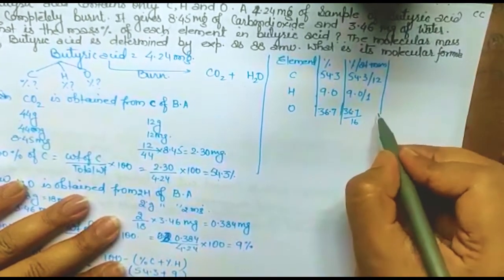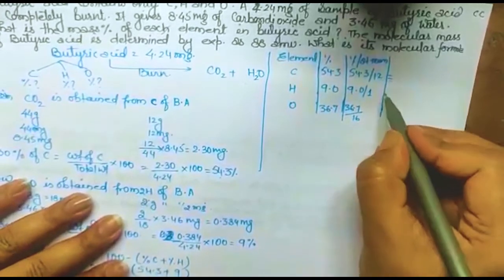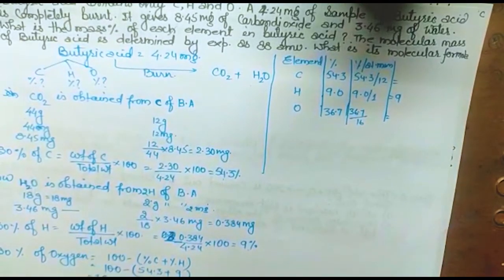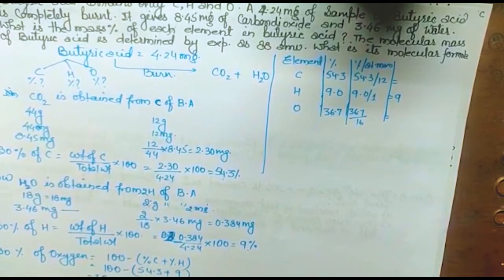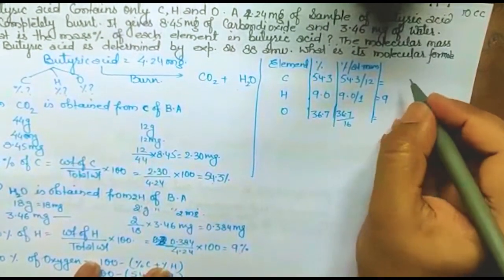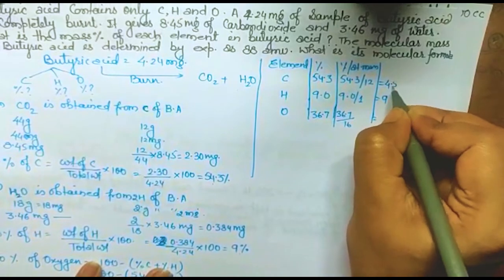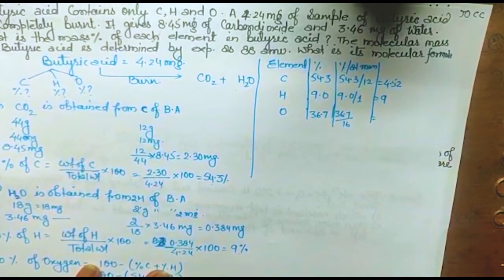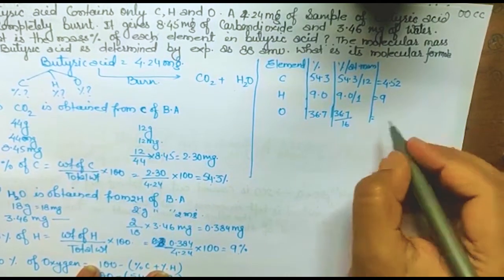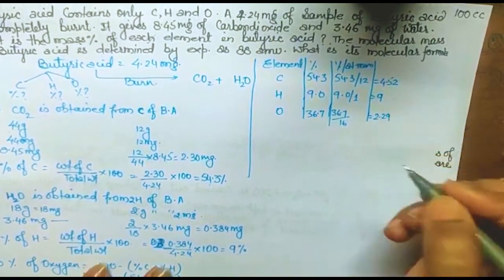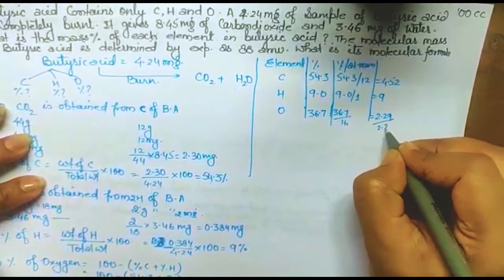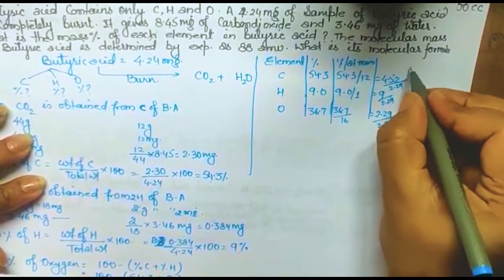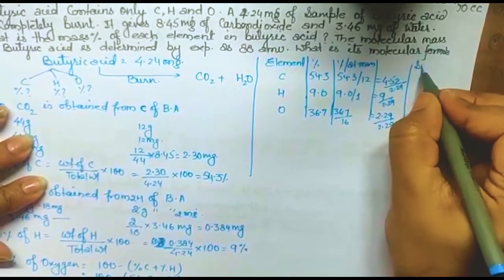So solve this. What will you get? Let's see. 54.3 divided by 12 is coming 4.52. Okay. And 9, and 36.7 divided by 16 is coming 2.29. So which one is less? This one, 2.29. So 2.29, 2.29 and 2.29. So we need a simple whole number ratio.